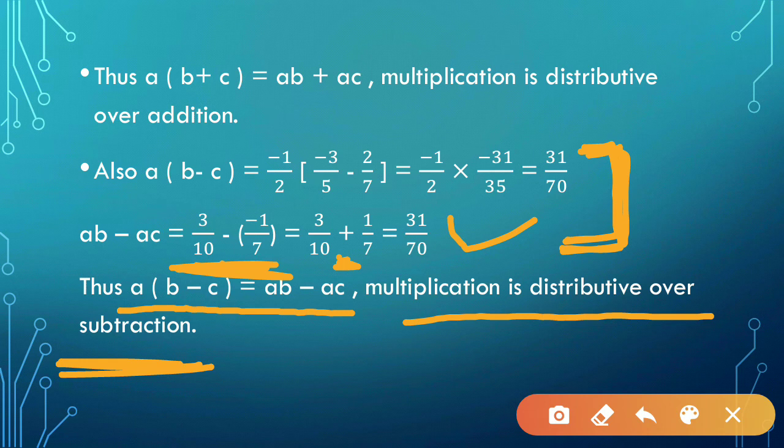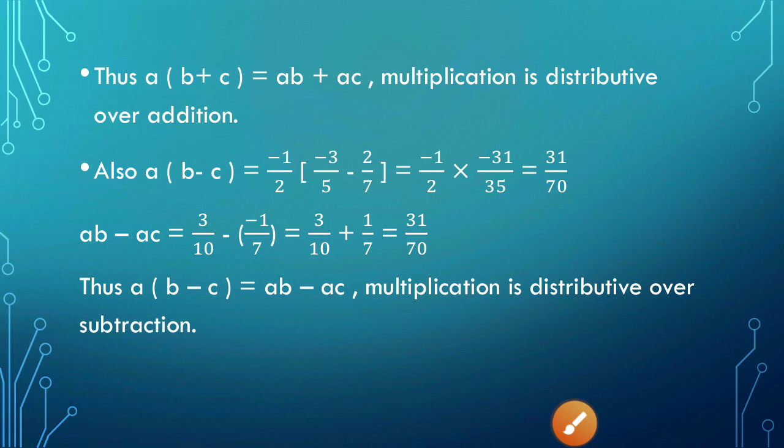Students, learn all the necessary conditions. For the closure property in addition, if you add two rational numbers and again get a rational number, then it is closed under addition. For subtraction, if you subtract two rational numbers and get a rational number, then it is closed under subtraction.